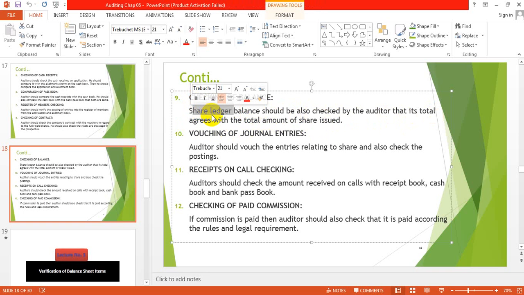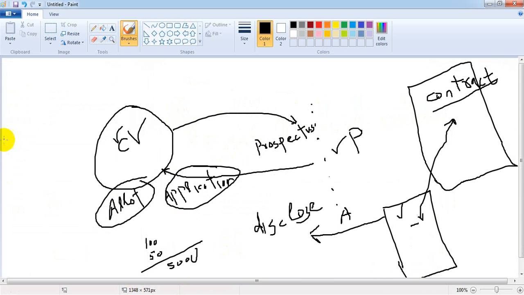So in the ledger we are making an entry, so there will be a balance of the share ledger. Now, this balance will be checked with the number of shares that are issued.